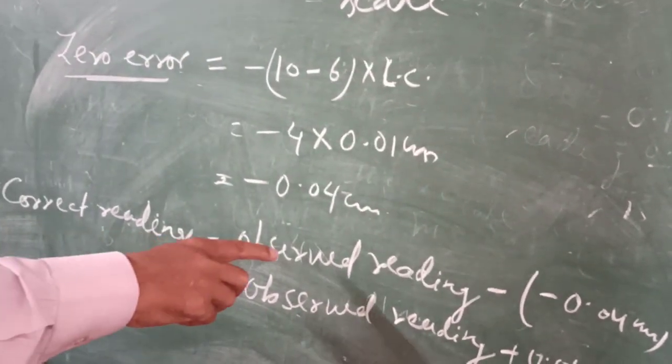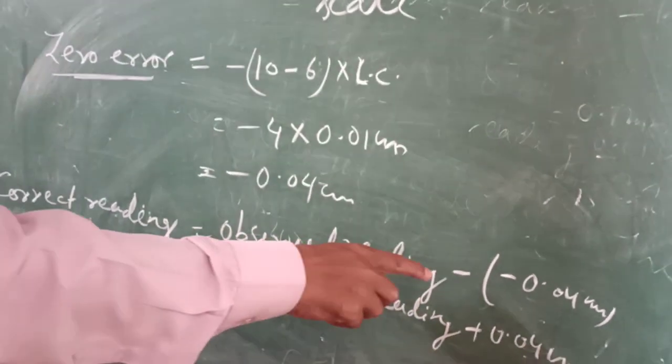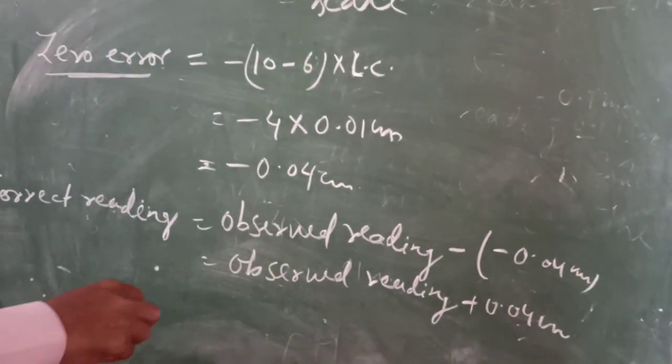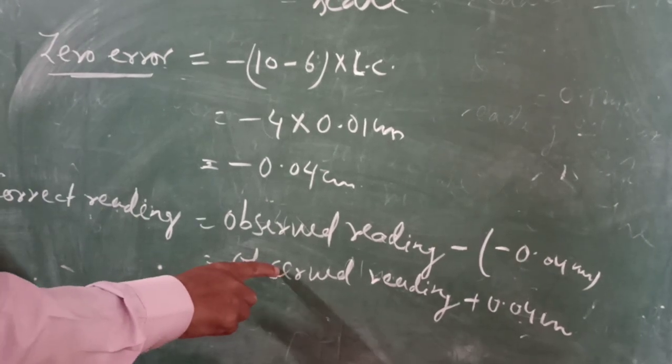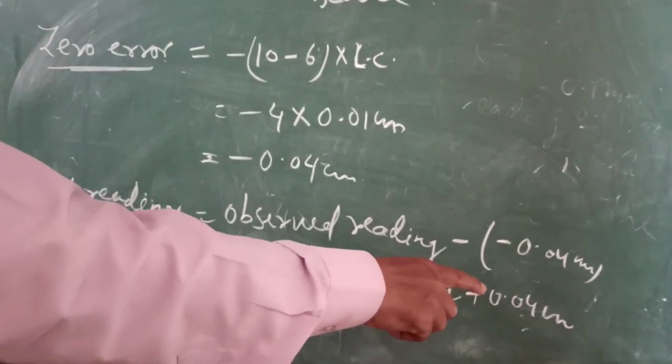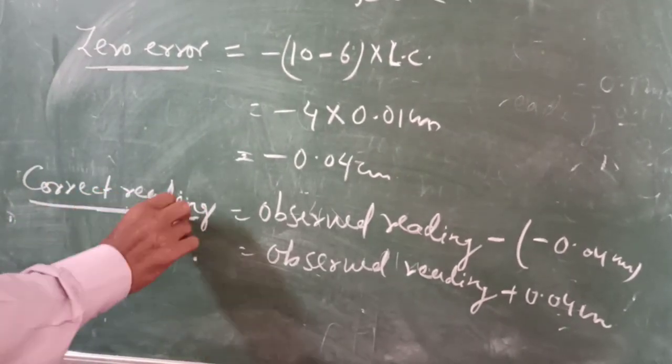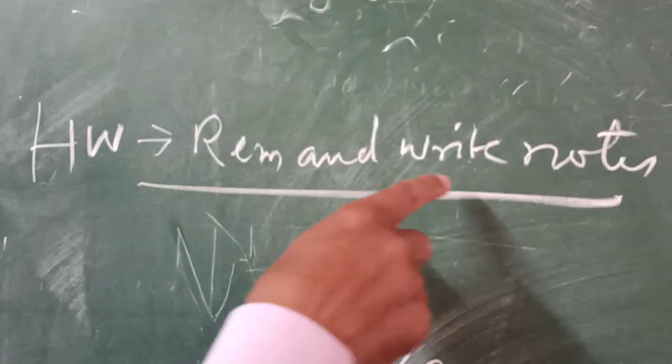Correct reading is equal to observed reading minus (minus 0.04 centimeter). Therefore, observed reading plus 0.04 centimeter is the correct reading. Homework: remember and write notes.